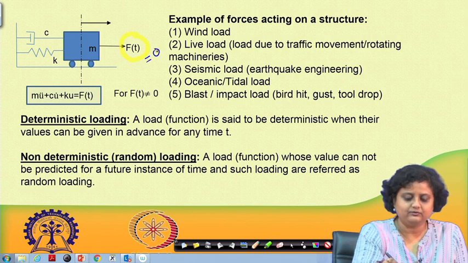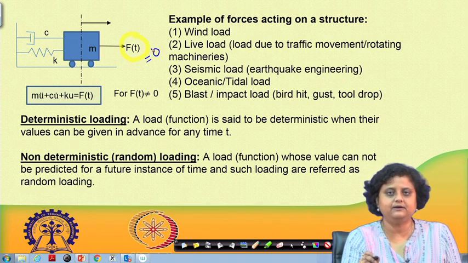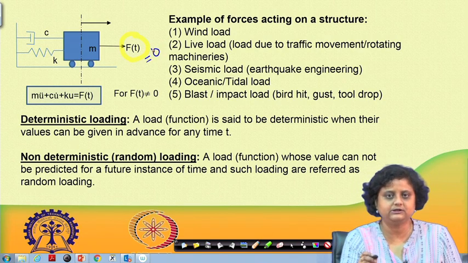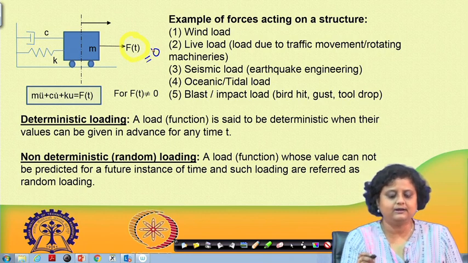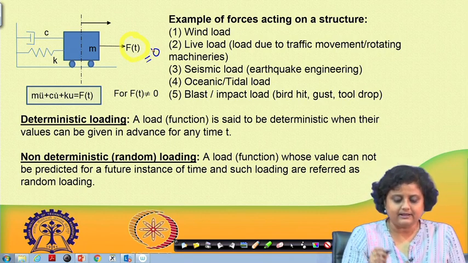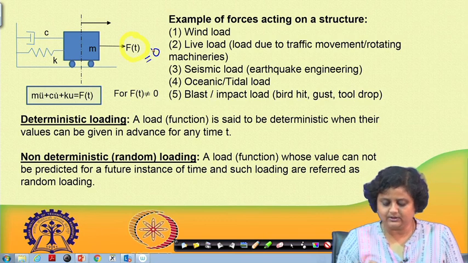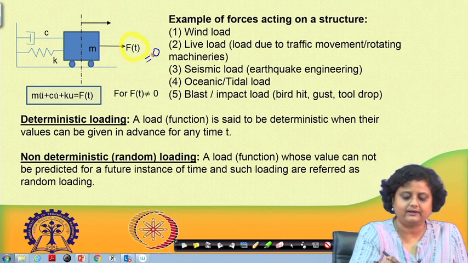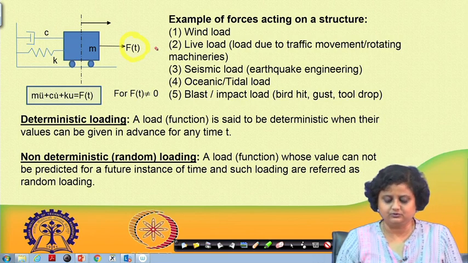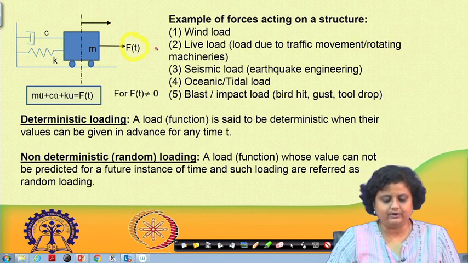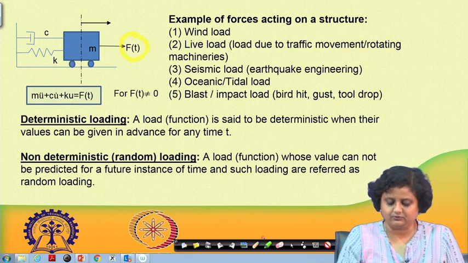This was 0 and the vibration happened due to initial excitation, initial displacement and or initial velocity. But from now onwards we will consider systems where there would be a non-zero external force. So, we will no longer have force equal to 0 and we will move into non-zero external forces.